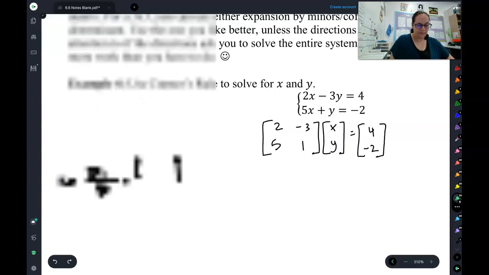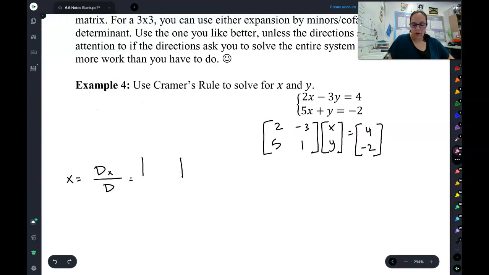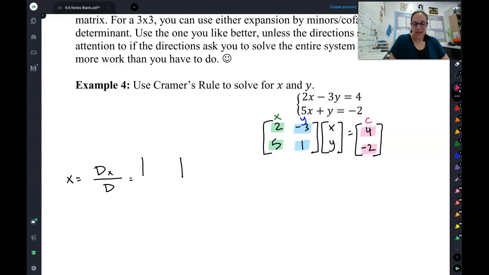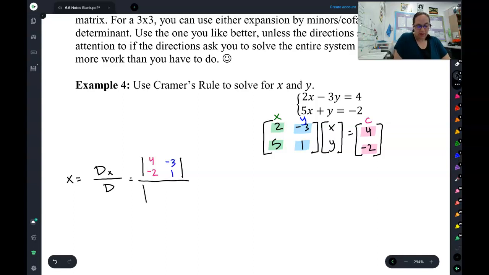I'm going to do our constant matrix pink, our x column green, and our y column blue. So to find the determinant for x, I replace the x column with the constant column, and the y column stays alone. And then I'm going to divide by the determinant of the regular coefficient matrix.